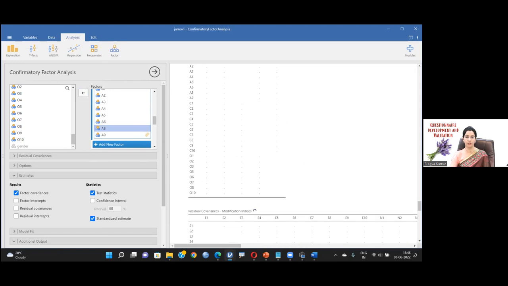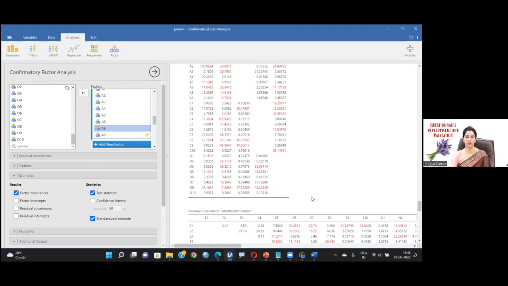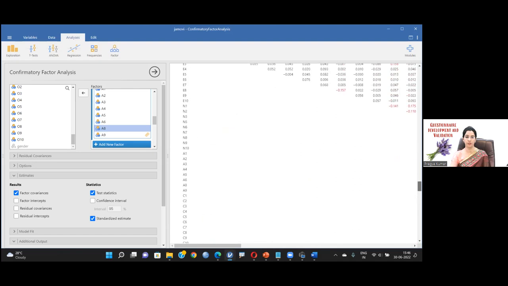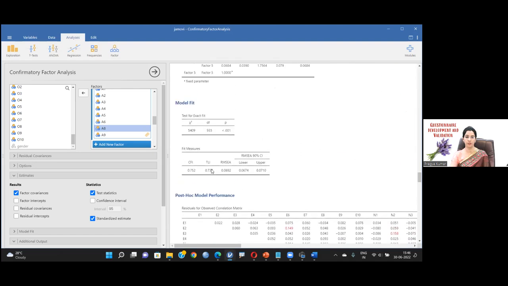Now again, you will see what is happening to the model fit statistics, because whatever action you are doing, you need to check your model fit. What is happening to the CFI, the comparative fit index, the RMSEA and the Tucker-Lewis index? If you see this, it is not improving very much. Model fit is almost the same, 0.75.